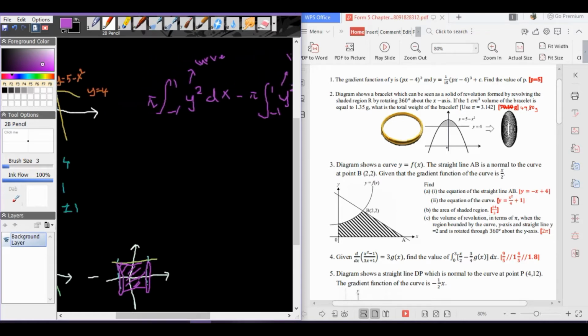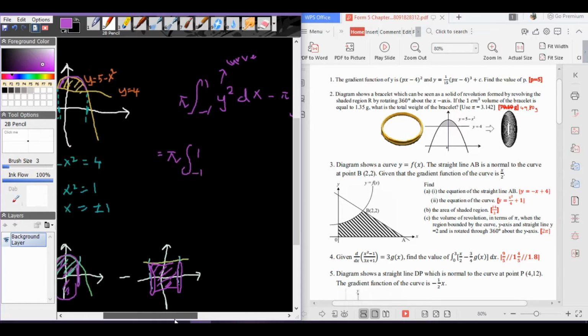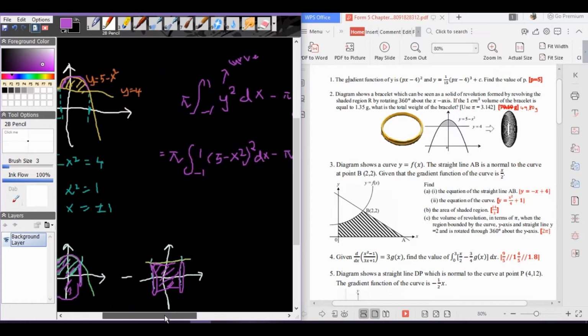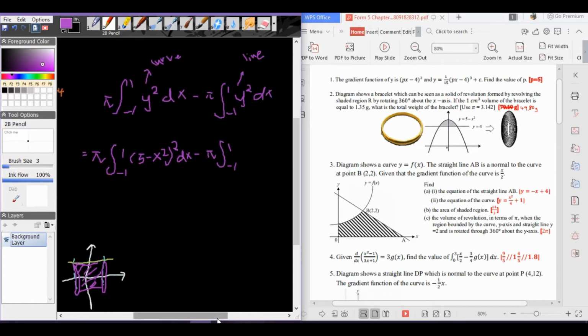Put in the equation: equals pi integrate from -1 to 1 for the curve. The equation of the curve is y equals 5 minus x squared, so (5 minus x squared) squared dx, minus pi integrate from -1 to 1 for the line. Y equals 4, so 4, then don't forget to square, dx.